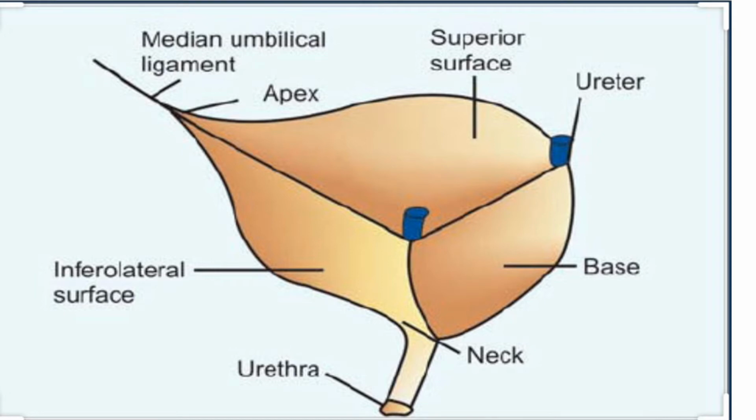In the base we have what is called the trigone, and it is the area between the entrances of the two ureters to the bladder. And as we said, it has a neck, and this neck is connected to the urethra, which is different in length between male and female.